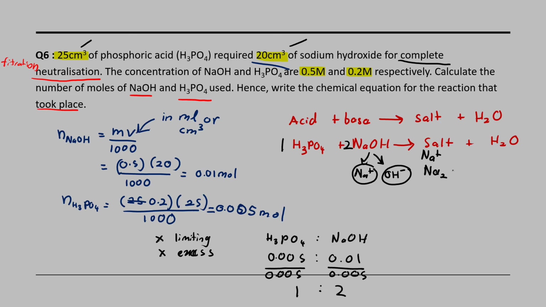For your information, an acid always produces H+. This is the acid part. But in this H3PO4, we actually produce 2H+, and we are left with HPO4 2-. Okay, how do I know it has 2-?